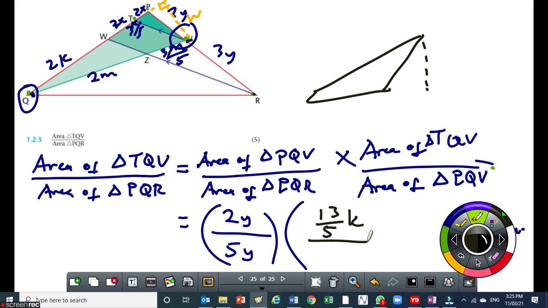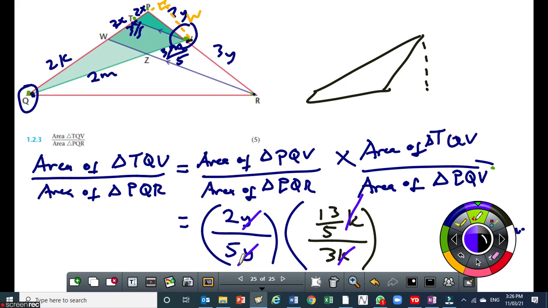Do you agree with me that the base is PQ, which is equal to K plus 2K, which is 3K? So I'll put here 3K. Then start smiling. The K and the K cancel, and the Y and the Y cancel. Okay? Then you are left with fractions.